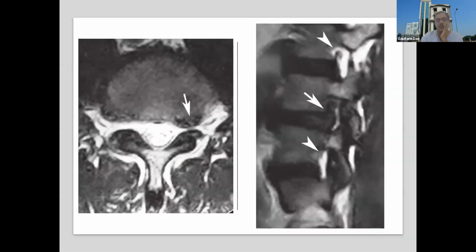Paracentral. Okay, now another question to you. Suppose this is your L4-5 level. So where will be the pain? Can you tell me? If you are getting this kind of image given to you, say for example, this is your L3-4 disc. This is your L3, L4, L5. My question is not that.